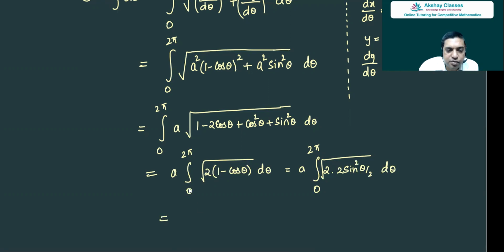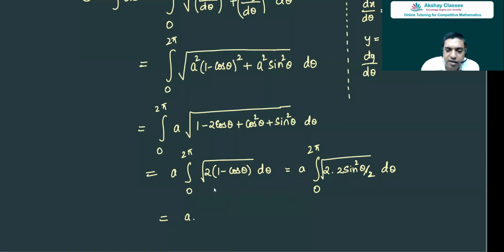Now theta varies from 0 to 2 pi. So theta by 2 will lie between 0 and pi, and the sine of a value between 0 and pi is positive. So when you apply the square root, you don't have to use mod.